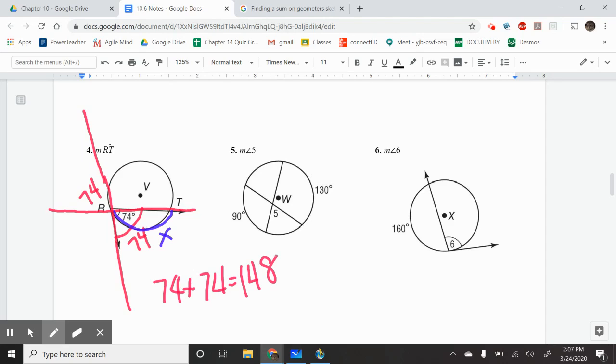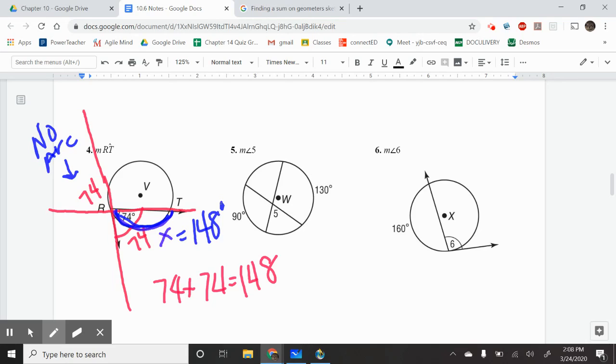And that means that our arc here, plus whatever arc was here, has to add up to 148. But there's no arc there, which means that that's 0, which means this arc right here is the entire sum. So this has to therefore equal 148.